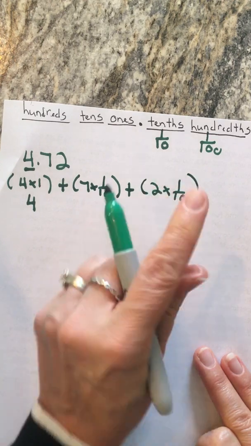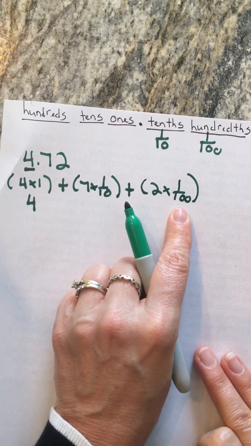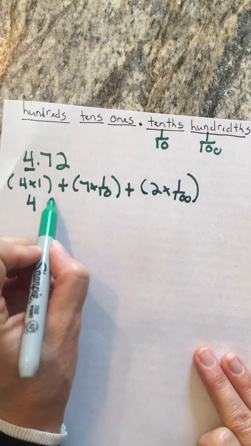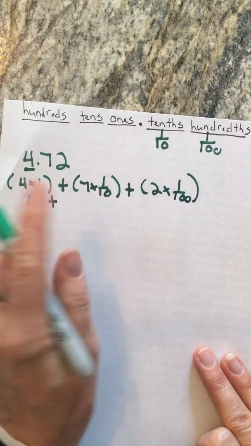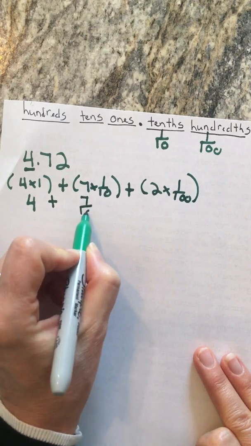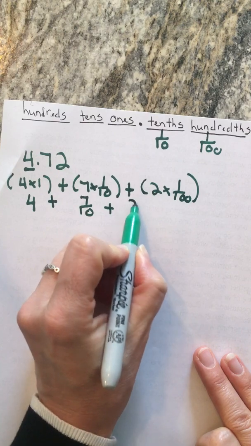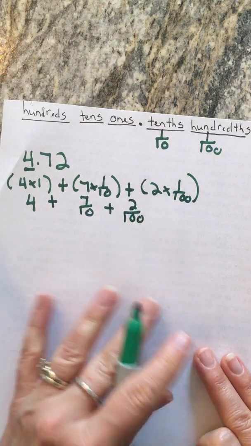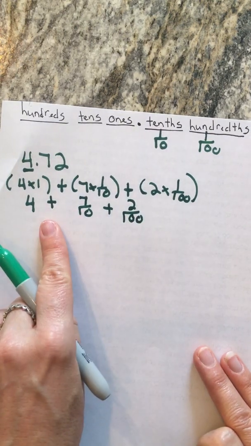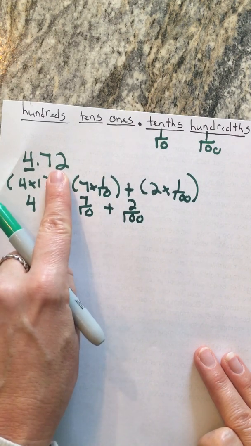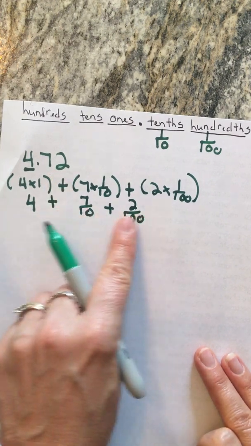I have 2 of these 1/100th pieces. 7 times 1/10 is the same as 7 tenths. 2 times 1/100th is the same as 2 hundredths. So this is one way to represent this number in expanded form.